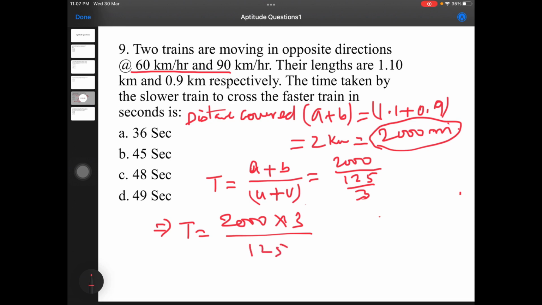So this 2000 we can divide by 125, so 125 will get cancelled, and 2000 will get 16, and 16 we multiply by 3, we will get 48 seconds. So the time taken by the slower train to cross the faster train will be 48 seconds. So the correct option here is option C, 48 seconds.